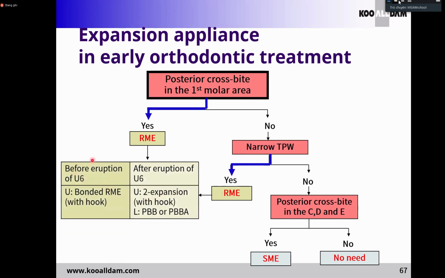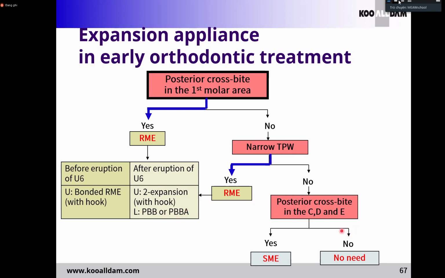Before eruption of the first molar, we may use banded RME in the upper arch. After eruption of the upper first molar, I want to change it like this: upper two expansion appliance and PBB in the lower arch.